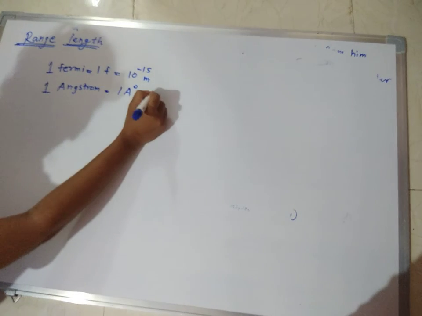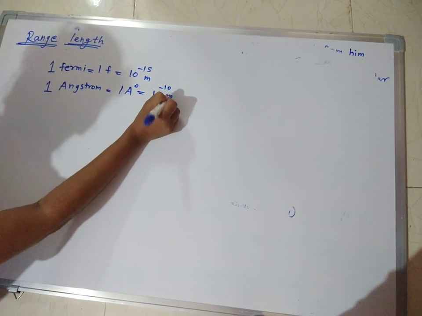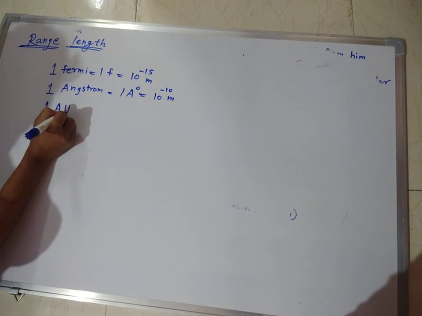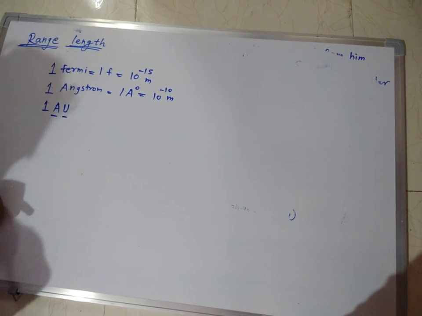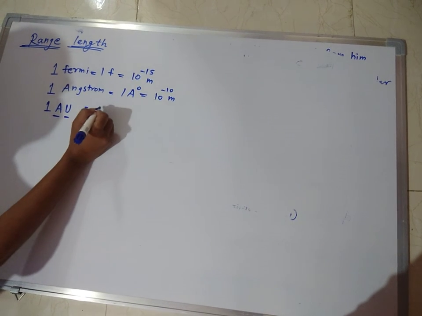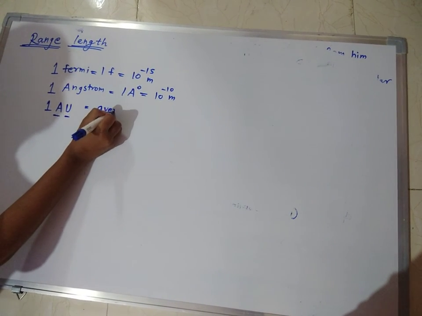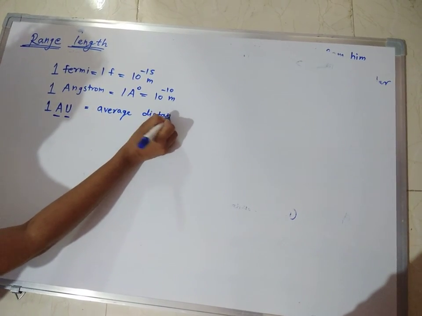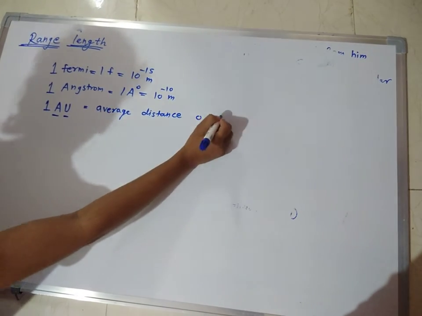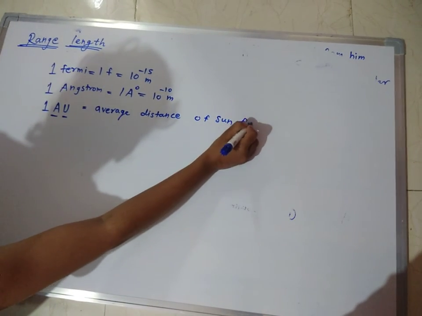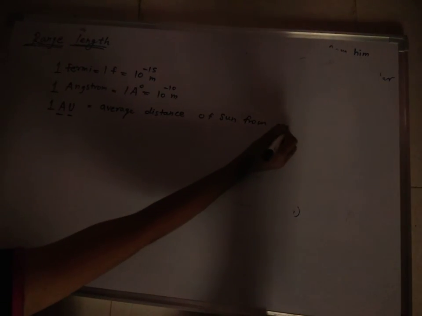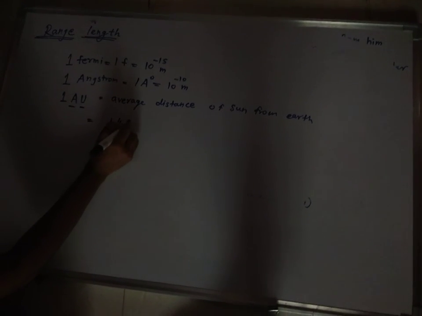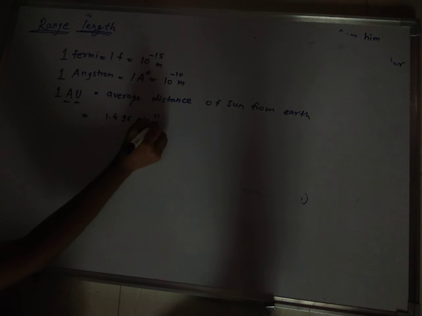It is nothing but 10 raised to minus 10 meter. 1 astronomical unit, that we can write as AU, and it is nothing but the average distance of the sun from the earth, and it is 1.496 into 10 raised to 11 meter.